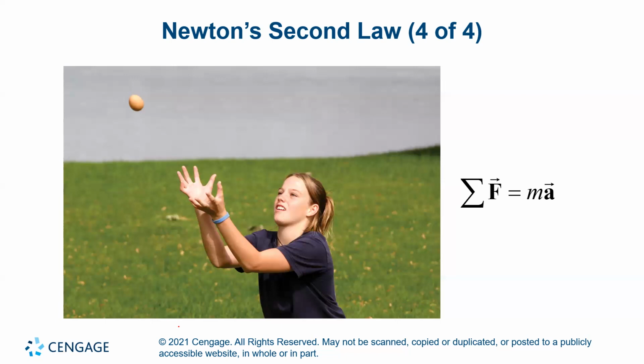When you throw an egg into a sheet, something similar happens. When the egg strikes the sheet, it moves in the same direction in response, bringing the egg to a lower velocity over a relatively long distance.